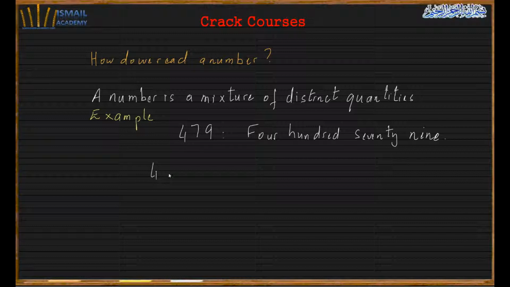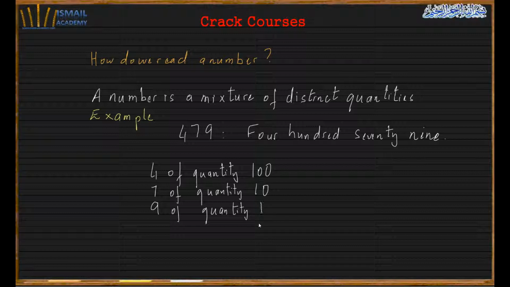We have 4 of the quantity 100, and we have 7 of quantity 10, and we have 9 of quantity ones, which is unit. So what we read is the value of each type of quantity.